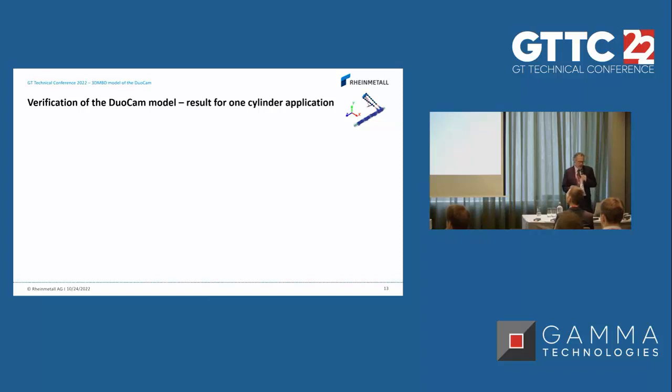Now we must ensure that the transferred structural mechanical inputs from ANSYS are plausible. Since no measurements were available at the time, it was necessary to compare the results with a standard calculation by the GT Suite solver. To simplify matters, we only integrate cylinder 8 at the end of the camshaft.